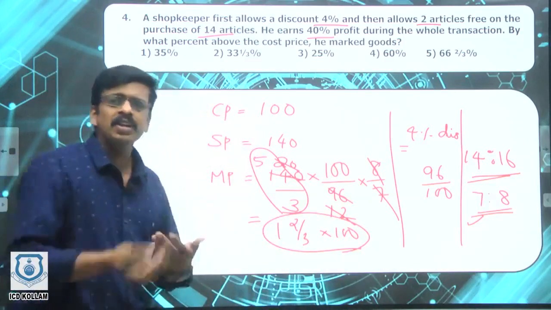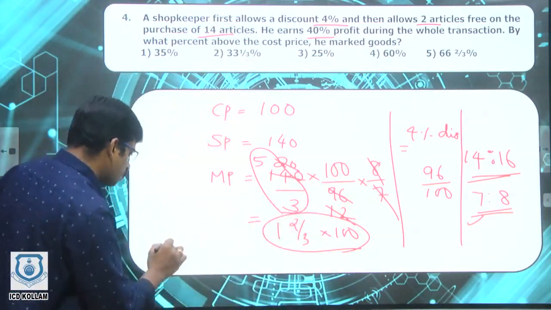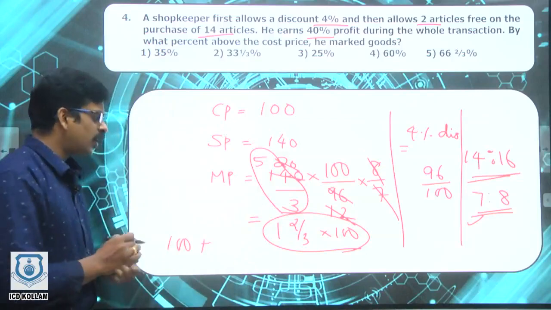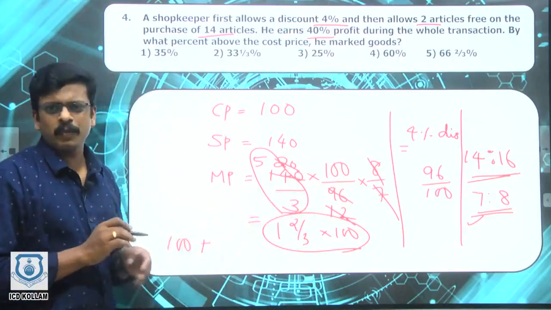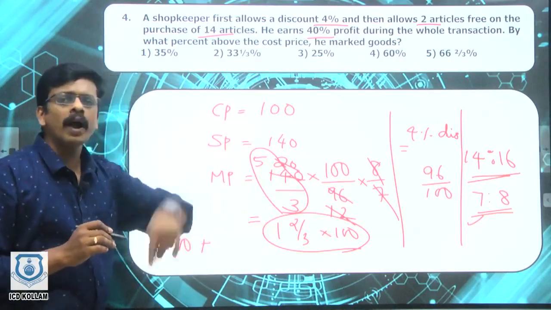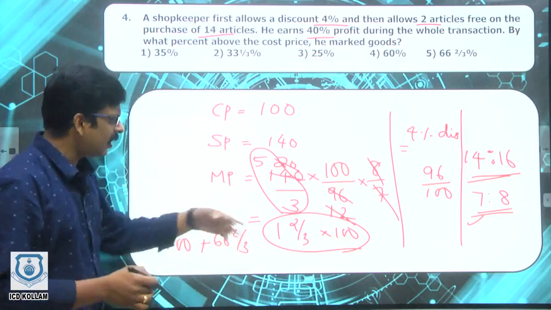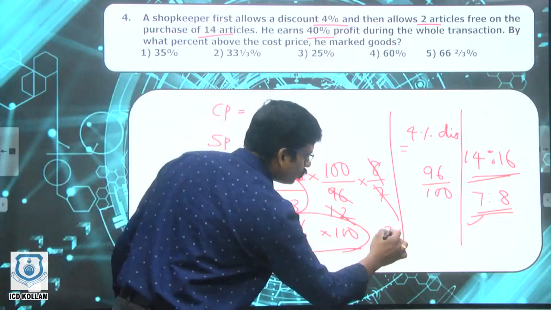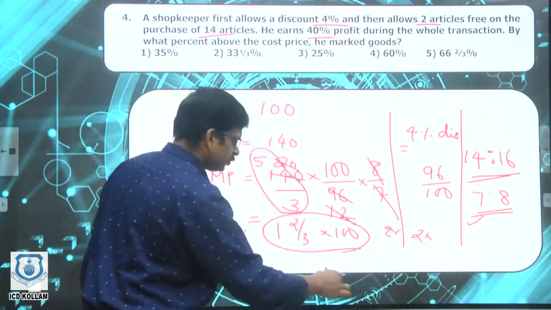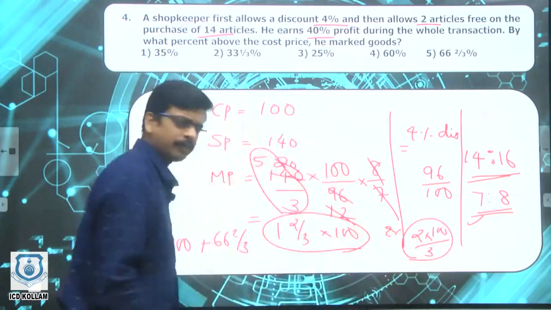It is simply 1 into 100 plus 2 by 3 into 100. So you know 1 into 100 is 100, plus 2 by 3 into 100: fraction 2 by 3, its percentage value will be 66 2 by 3. Or you can simply say it is 2 into 100 by 3, it is 200 by 3.